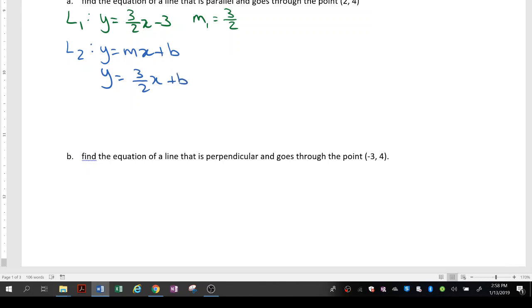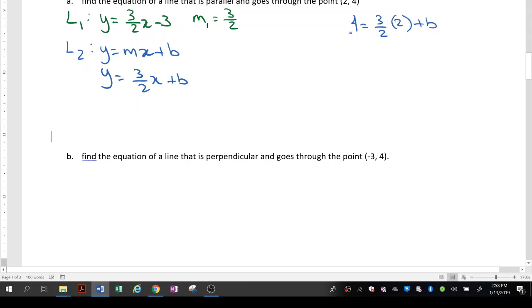So let's take a look at this, and we're going to substitute the point 2, 4 into here for x and y. So y is 4 is equal to 3 over 2 times 2 plus b.